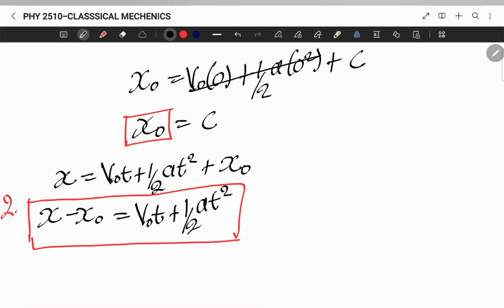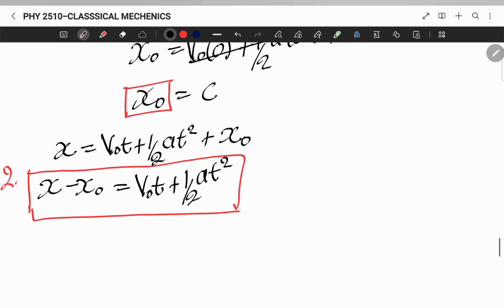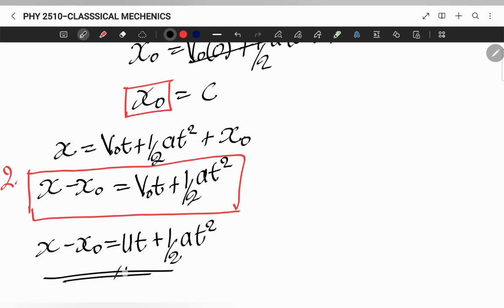This same equation can also be expressed in this way: where there is v naught, you just use u. So x minus x naught is equal to ut plus half at squared. This is the common equation that you could see in most books.